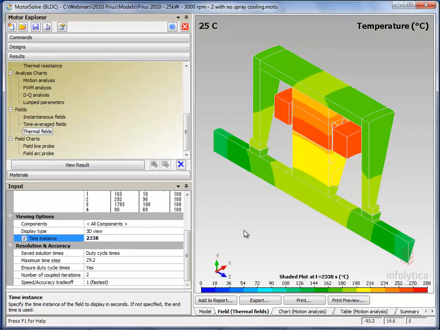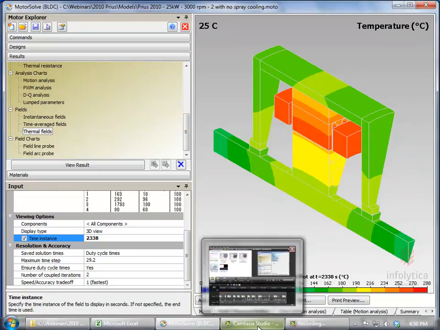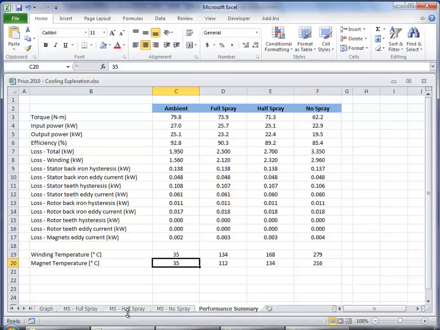At the final time step, the magnets are at 213 or 214 degrees. The winding is at 260 plus. Clearly these temperatures are not going to be sufficient for a long-lasting machine. So now we've gone through all three machines, and let's look at a summary.